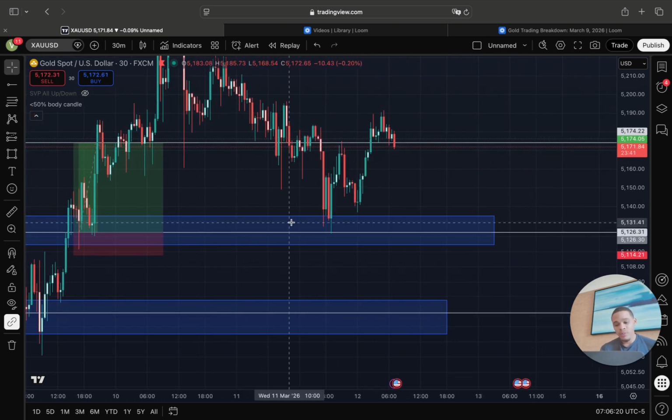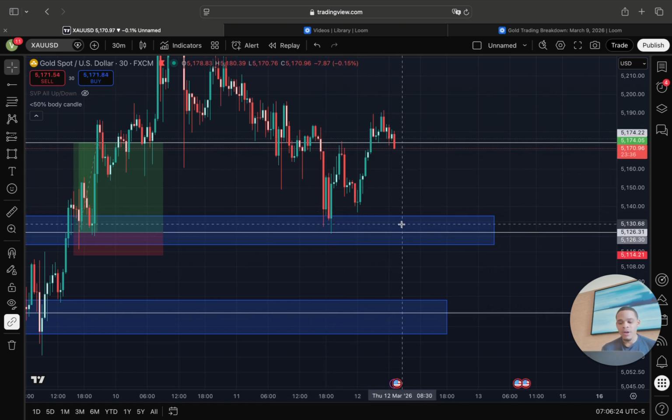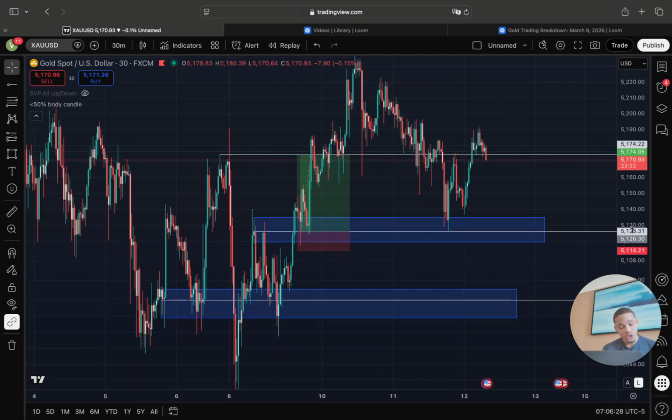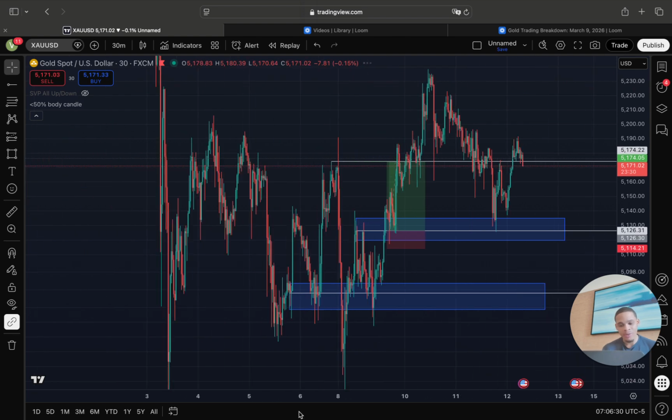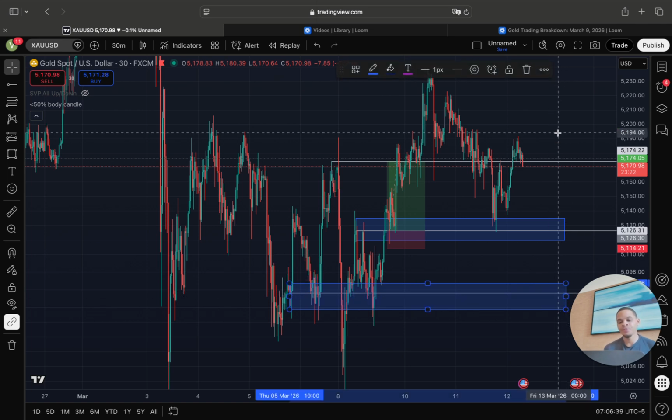And price came back for the 2nd time, and I'm convinced price will probably come back for the 3rd time, and then choose whether it's gonna go up from here or down back into this region, and probably even lower.